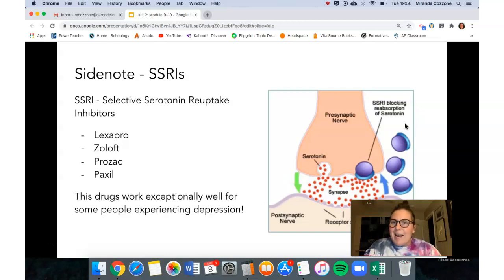Okay, so an SSRI may not completely treat depression and it may not work for everyone, but it's certainly a really viable option for people whose depression can be attributed to low levels of serotonin. So just one way that we can see how drugs can actually help to help the body maintain and hold on to some of those neurotransmitters.